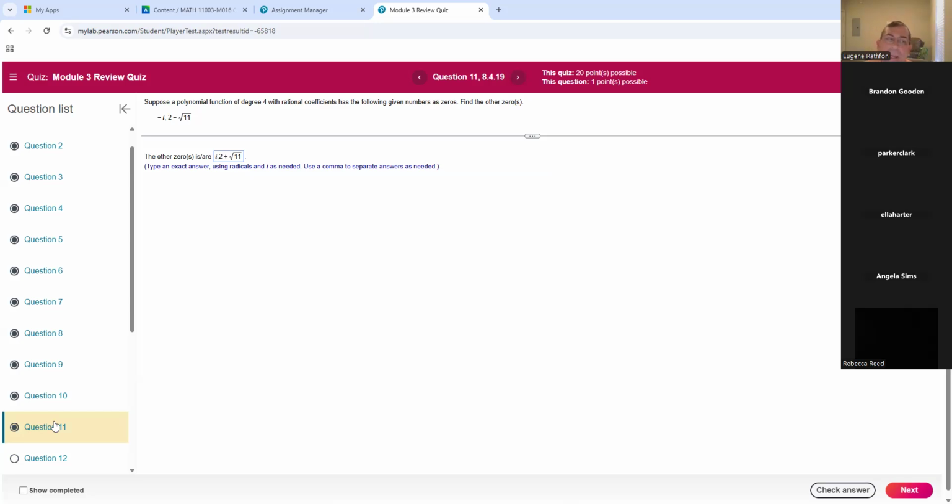On the radical one, they gave me 2 minus square root of 11. Well, radicals always come in conjugate pairs also. So if you've got 2 minus square root of 11, then you automatically will have a 2 plus square root of 11. So you're just going to change the signs on the i and on the radical part, okay?